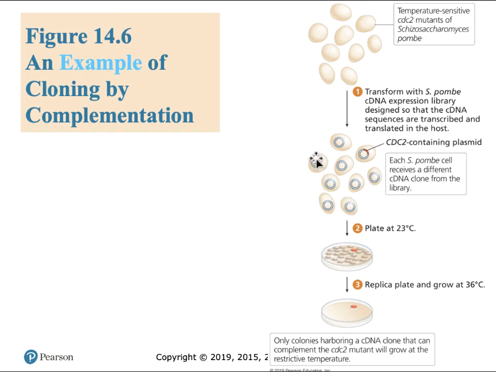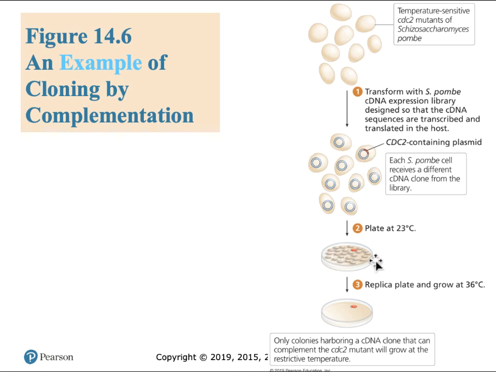So in this case, it's picked up a fragment of a normal gene, but that gene has nothing to do with the mutation that the cell has. So the two will not complement each other. And nor will this, nor will that, because these fragments are coming from different chromosomes that have no correspondence to this particular mutation. But in this cell here, just by chance, the fragments in the library are able to complement the mutation on the chromosome of this cell, thus restoring the biochemistry to the wild type.